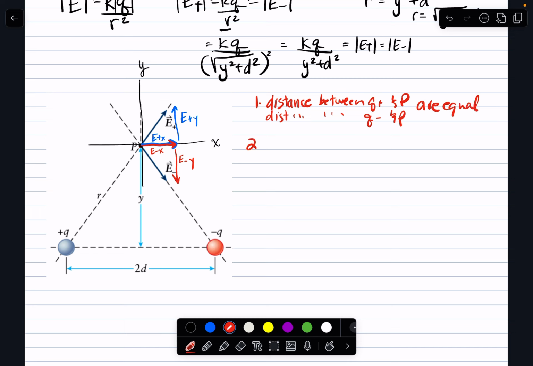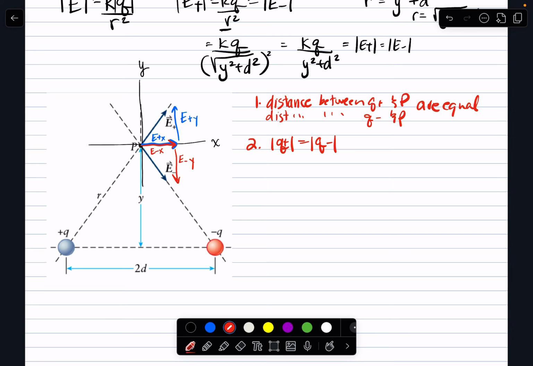And then number two, because the magnitudes are equal, that means that these components, E plus and E minus Y, are going to be equal as well, okay?